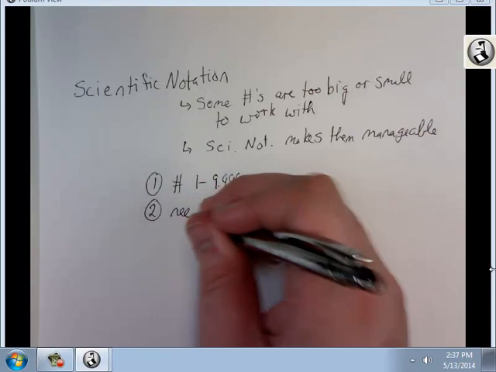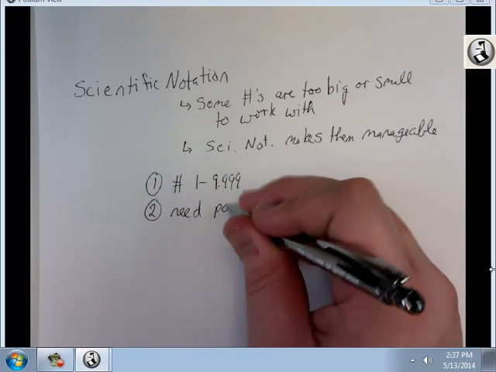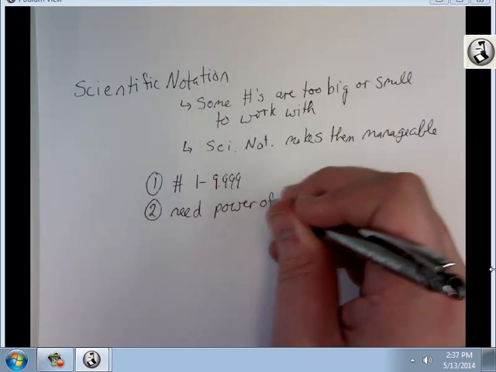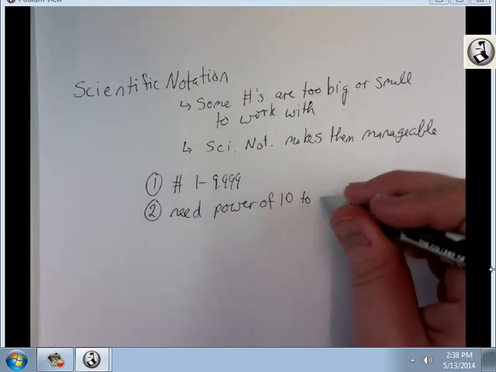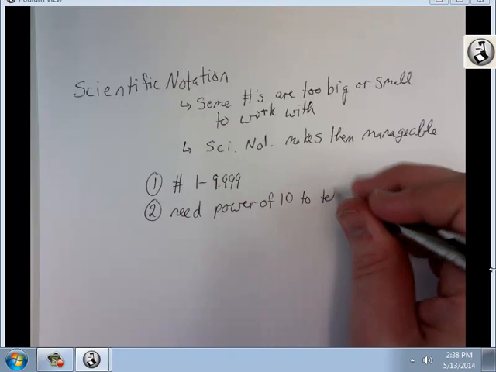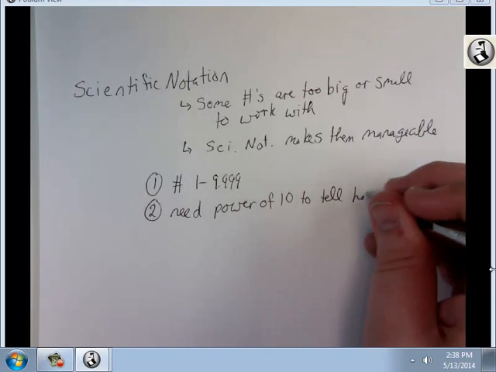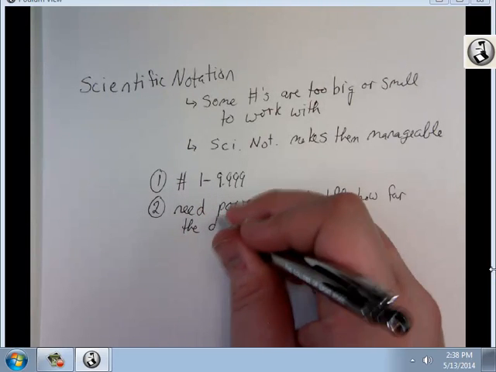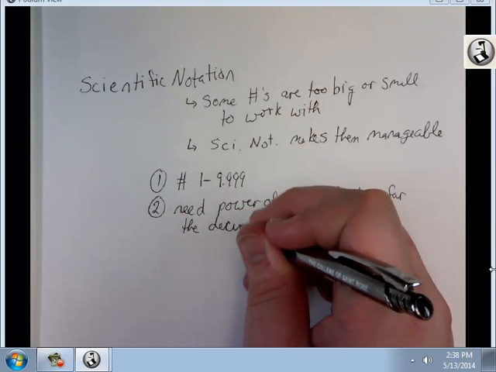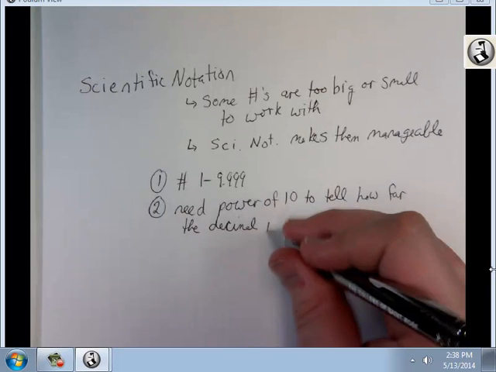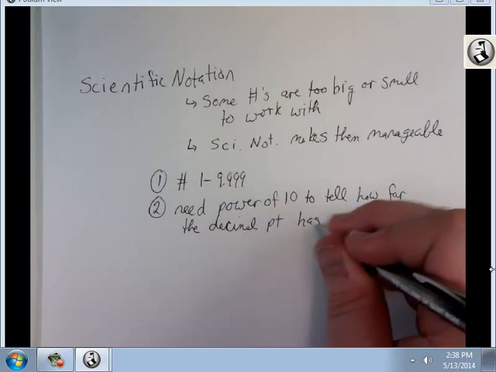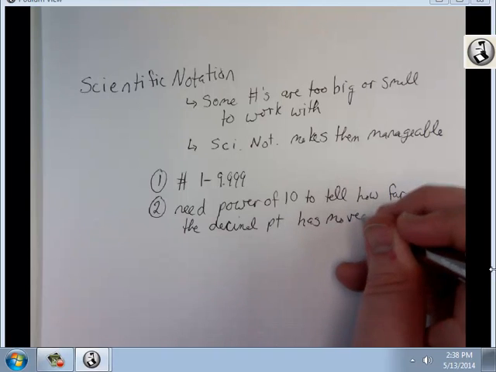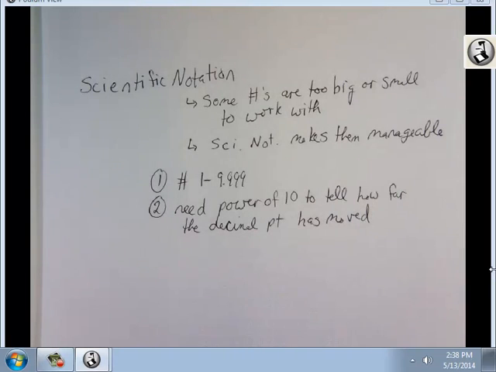Second, you need a power of 10 to tell how far the decimal point has moved. It sounds a little confusing right now, but after I show you a couple of examples, it should be pretty good.